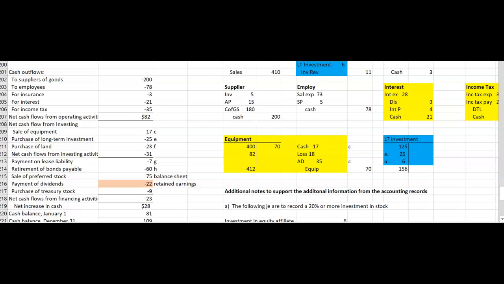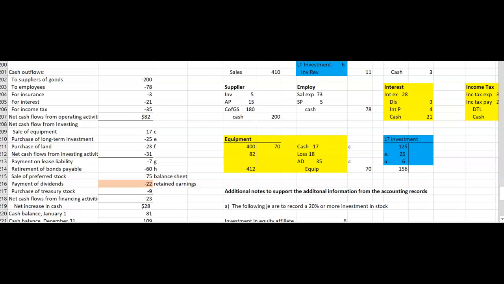The accumulated depreciation is 1/2 of the total cost, so you would debit accumulated depreciation for $35. And you can look at your income statement and you will see there is a loss from the sale of equipment of $18. So the actual cash we received was $17.